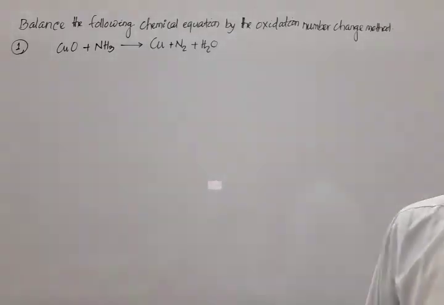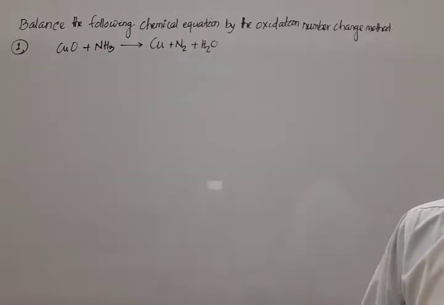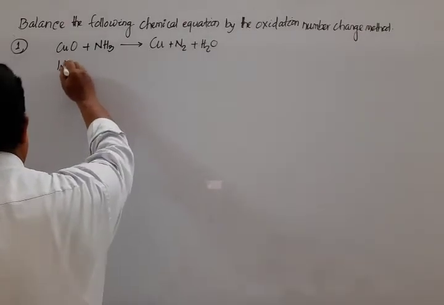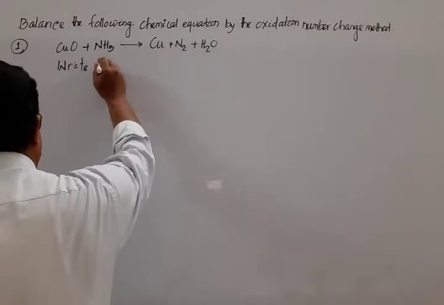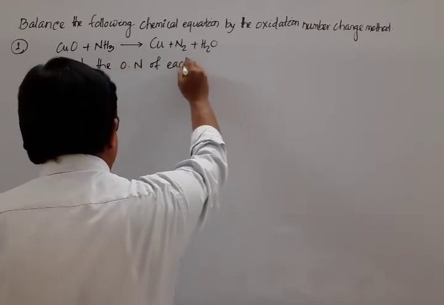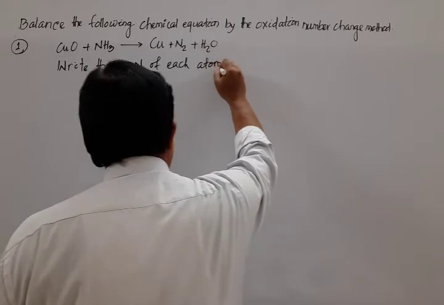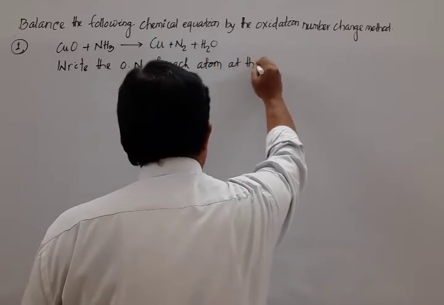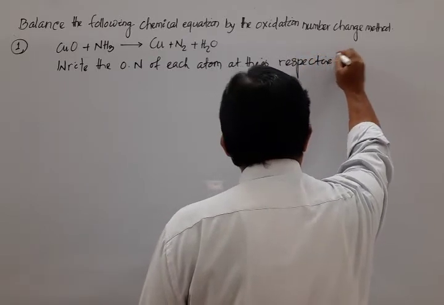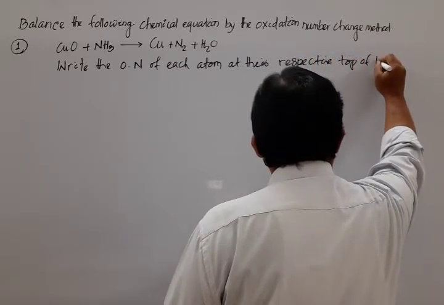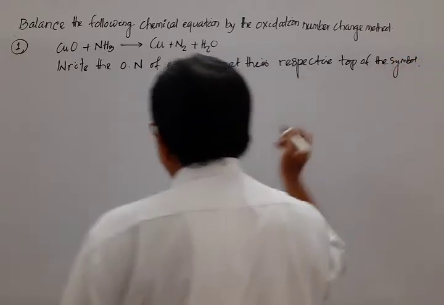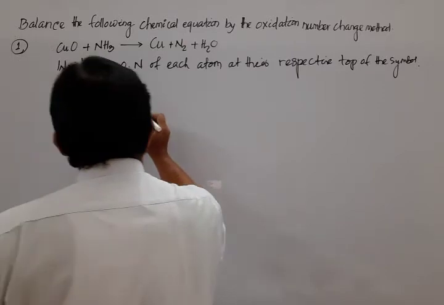That is, write the oxidation number of each atom at their respective top of the symbol.